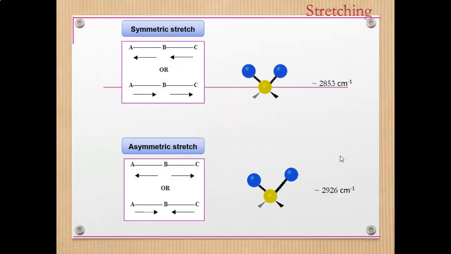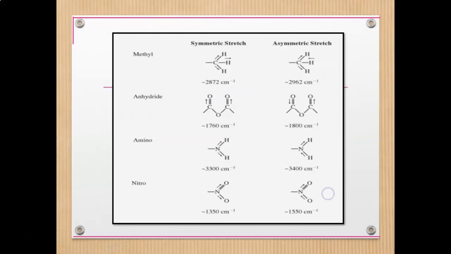Now we look at the example of the stretching. We have symmetric stretch and asymmetric stretch. For symmetric stretch, we can see that the bonded atoms move symmetrically in the same direction and with the same frequency. And for asymmetric, it seems like the bonded atoms alternately move with a wave number quite higher compared to the symmetric stretch.